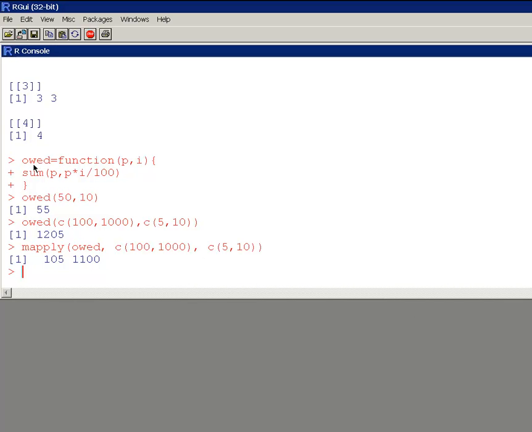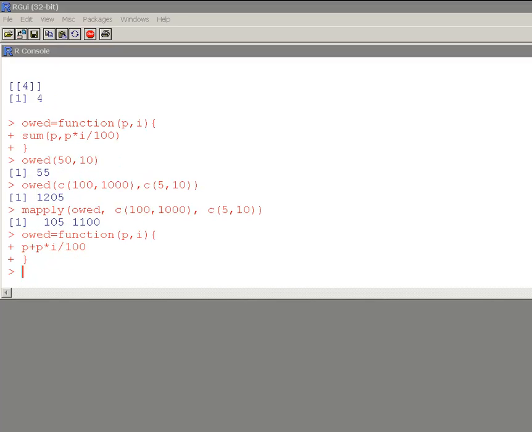Now one other thing, I tried to do this more simply. Instead of defining owed using this word sum, the first way I did it was like this. When I was making this example up for this video, I first tried to do it like this. It looks like it's the same thing. Owed equals function P, I, and then instead of sum, which is sum of P plus that, this would be the more natural way to write it.